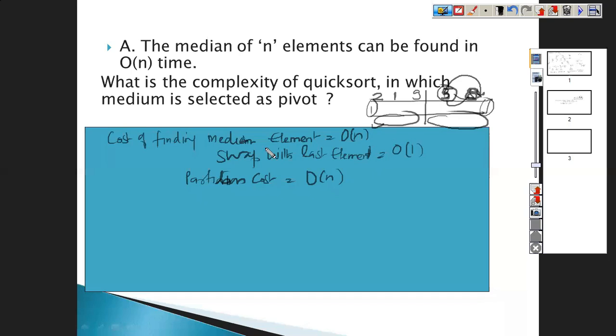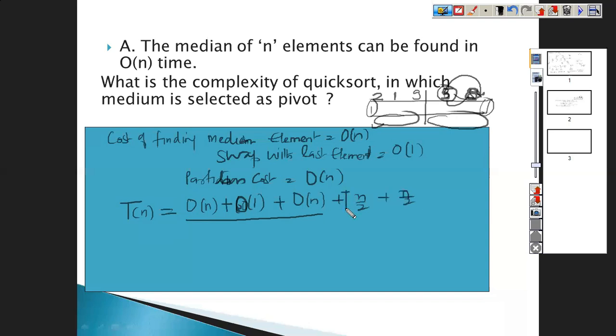So how can you represent the entire scenario? You will make a recurrence relation. Your problem is T of n, where n is the size. You did the effort to find the median element, then you did effort to swap with the last element, then you did the partition. With this much effort, you bring your problem into n by 2, n by 2, meaning you get two problems of size n by 2 and n by 2.